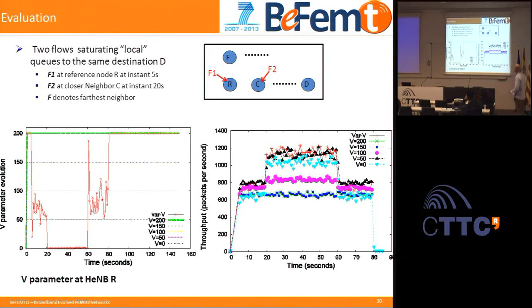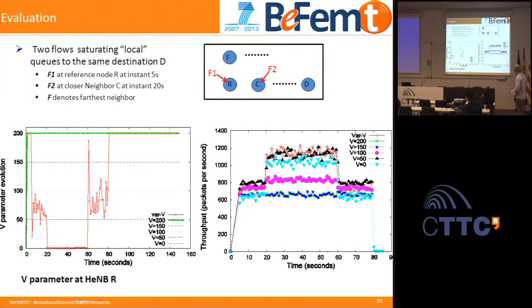At instant 5, there is this saturating flow at the reference node. And what the home node does is to auto-configure the V parameter to increase the degree of load balancing, which means decreasing the V parameter.